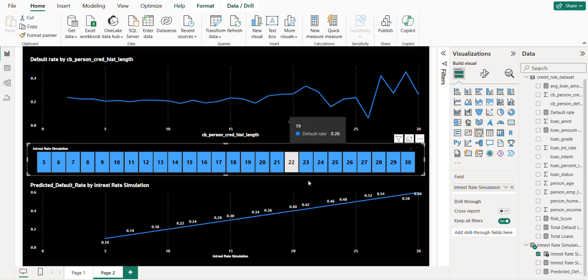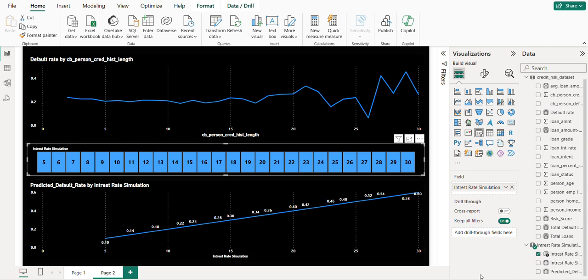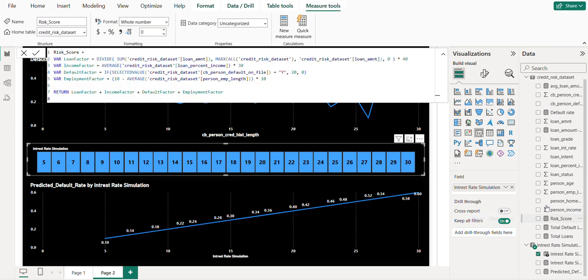Now we have to analyze the risk score using DAX. Let me show you the risk score, where it is. Yes, this is the risk score. For this we have used this DAX, creating variables and doing the calculation. Let me explain.